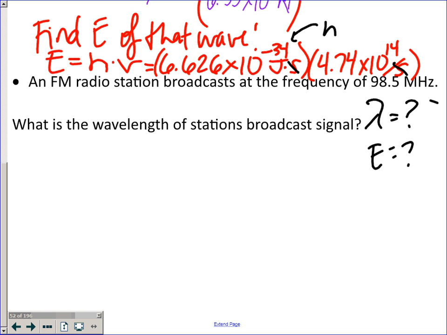You have to get hertz. And hertz is the regular hertz.